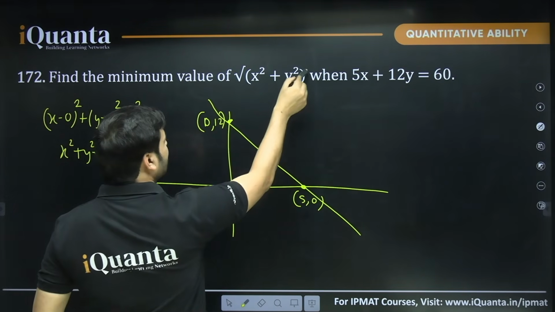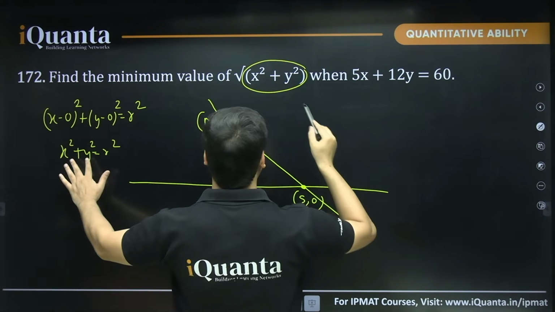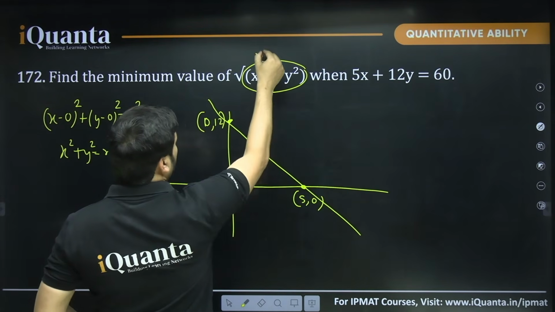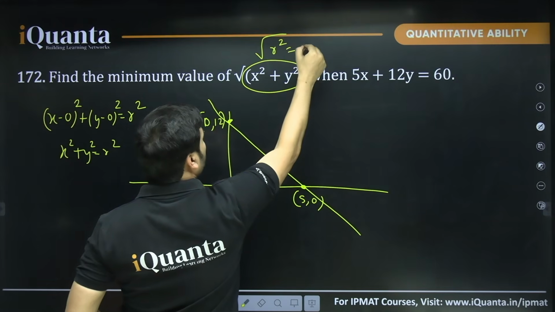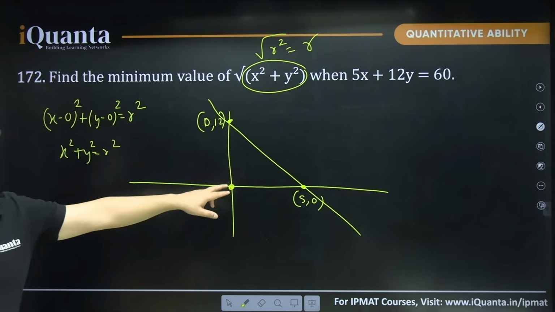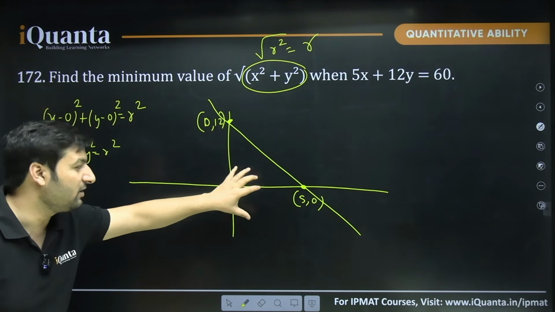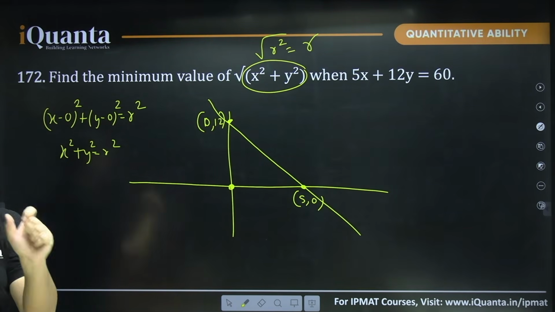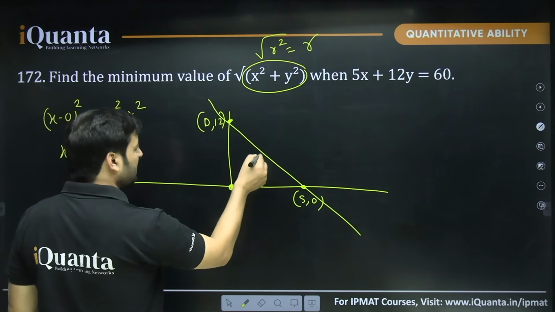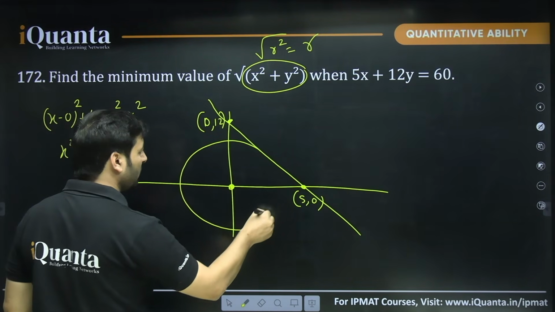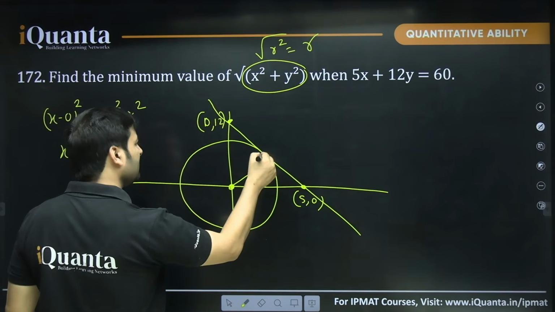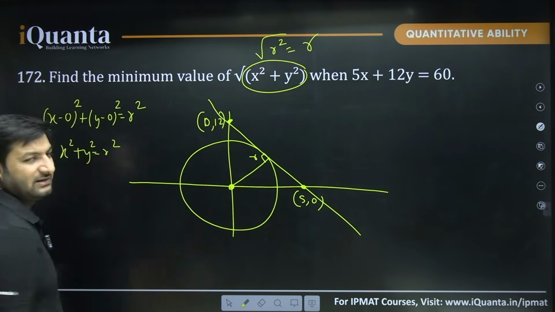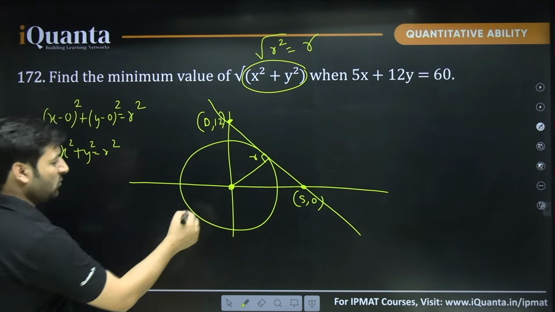So can I say that this x square plus y square can be replaced by root of r square here, and root r square is basically r. So I basically have to draw a circle over here whose radius I will be calculating. So let me just draw a circle over here. It will look like this. I don't know the radius, so say it is r. This is coordinate 0 comma 0.